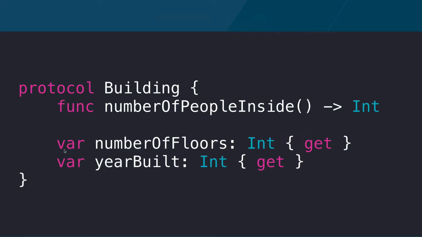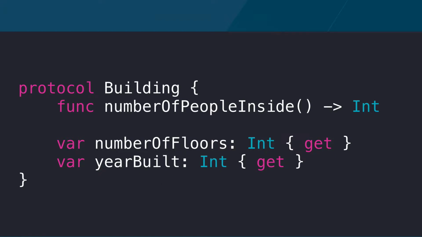And then it's also going to have a couple properties as well, a couple variables with the number of floors and the year built. Now, really, this is all made up, but the number of people inside, maybe it has to do some sort of calculation before it can return that integer, and so we need to run a function, maybe to do some sort of network call or something. But for the purposes of the example, this will be great.